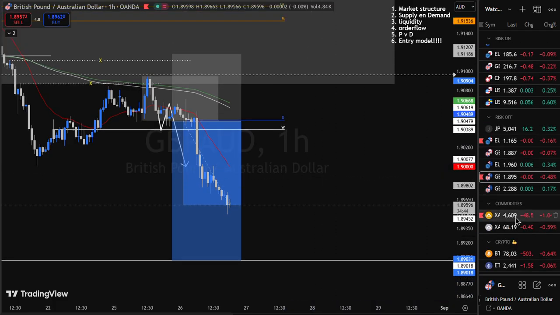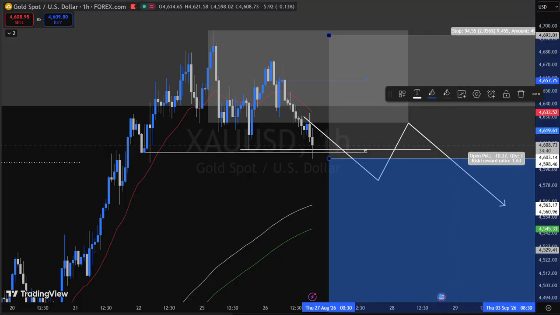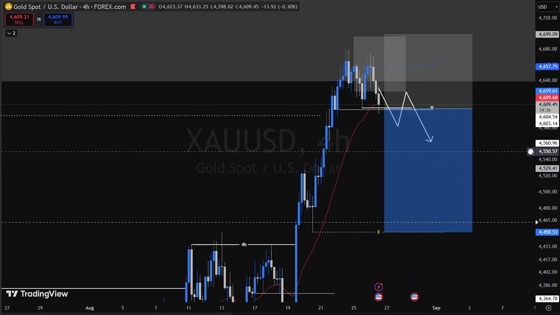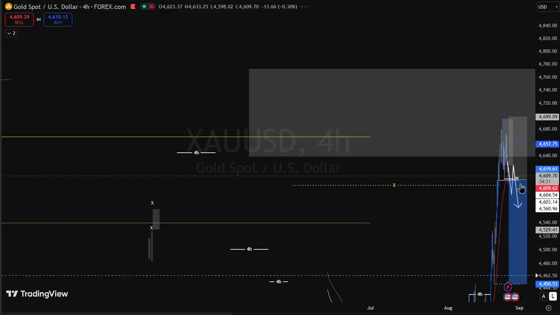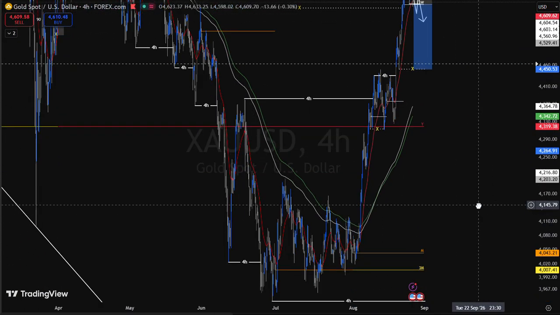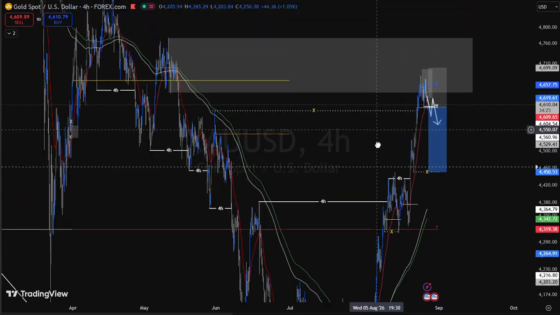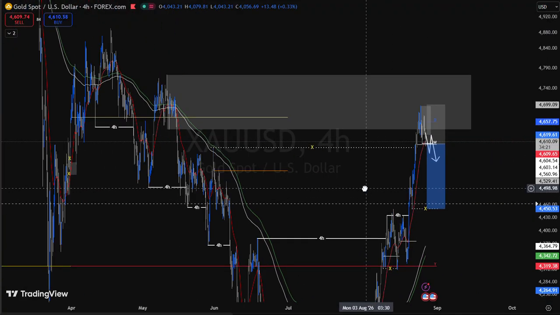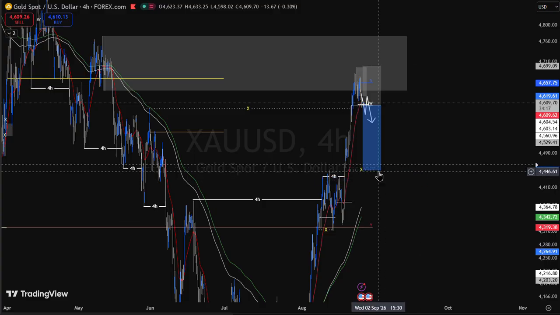And last of all, we have gold. I am expecting some sort of bearishness on gold on the 4 hour time frame till this liquidity, because gold was very bullish for the last few days and gave us a very extensive move towards the upside. So I think gold will give us some correction till this liquidity, and after that we can look for some sort of long from this area.